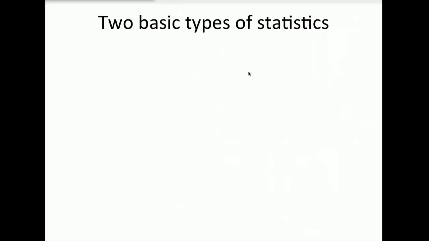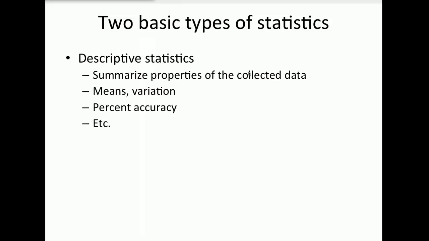So we can divide statistics in two basic types. The first one being descriptive statistics. Descriptive statistics designates the way in which we can summarize, organize, or describe various properties of a collected sample of data.